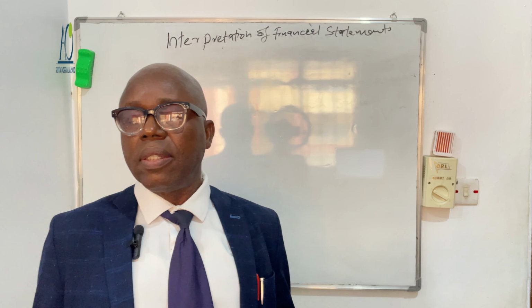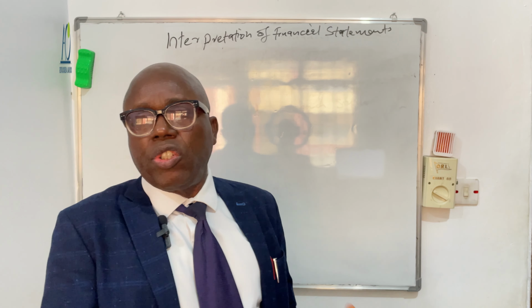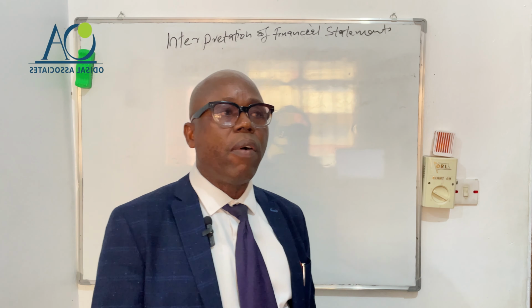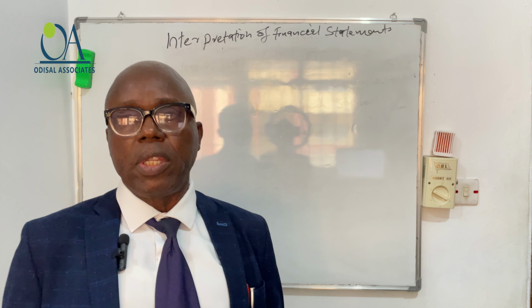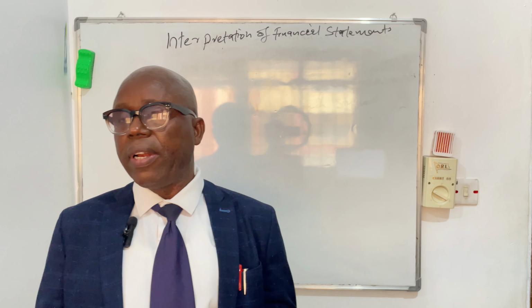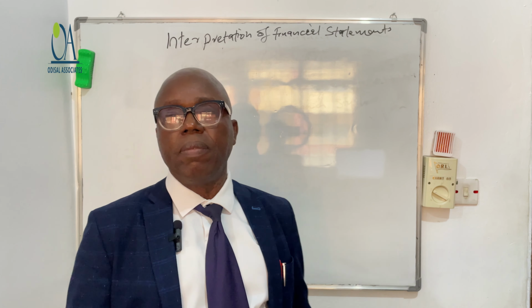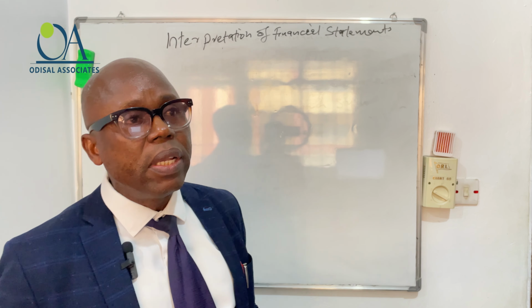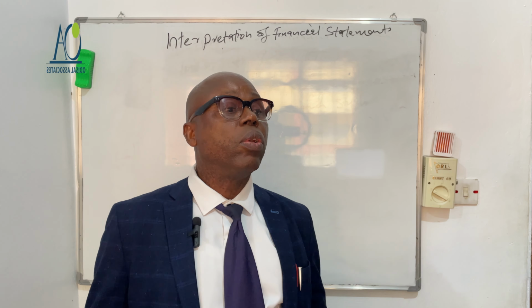We learned that there are sources that we can get data for our ratio computation, which include the financial statements, all the financial statements, and the annual reports of companies, and so on.